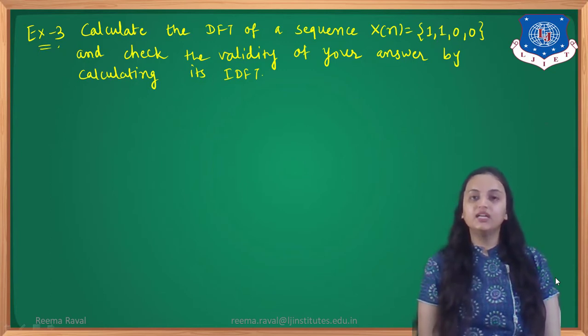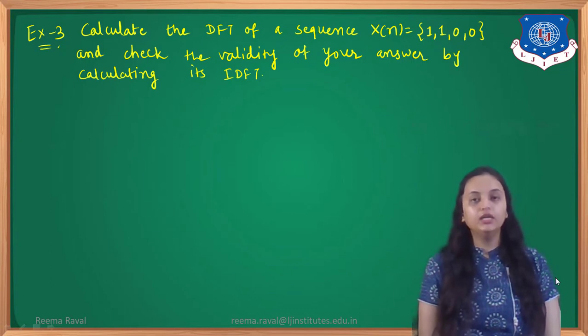That means whatever DFT sequence we have obtained, we need to apply the IDFT using the matrix method, that means using the complex conjugate of that matrix. It is asked to check the answer, that means whenever IDFT is obtained, it should match with the given x of n. That means the IDFT answer should be 1, 1, 0, 0.